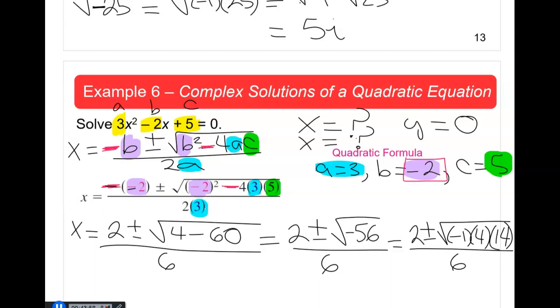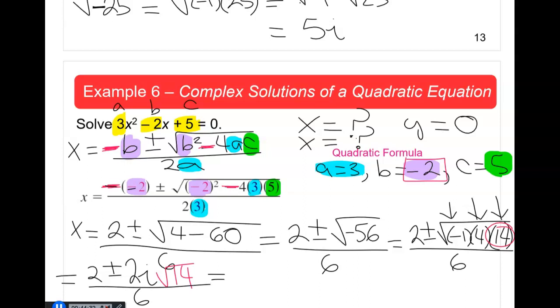There we go. So we take the square root of, well, negative 1 will be i. And then the square root of 4 is 2. And then the square root of 14, we're just going to leave that inside the radical. Okay, and let's remember everything is divided by 6. So what this means is that the 6 divides the real part.